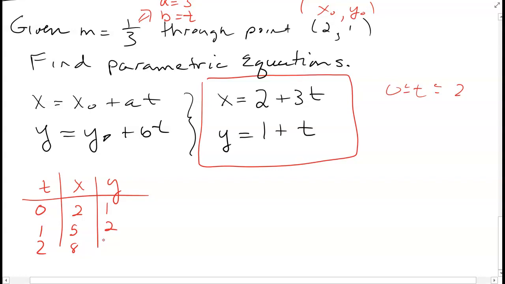And y equaling 3. All right, do a quick sketch. I have 2, 1, 5, 2, 8, 3.